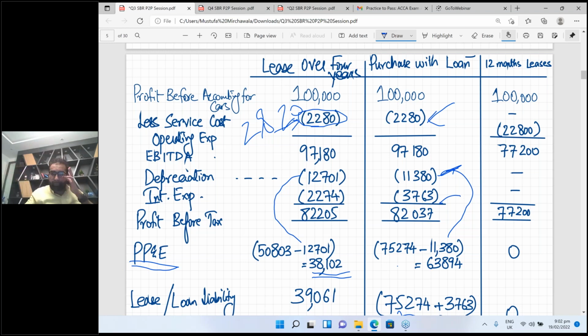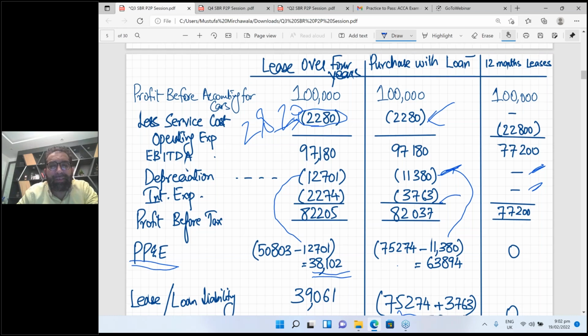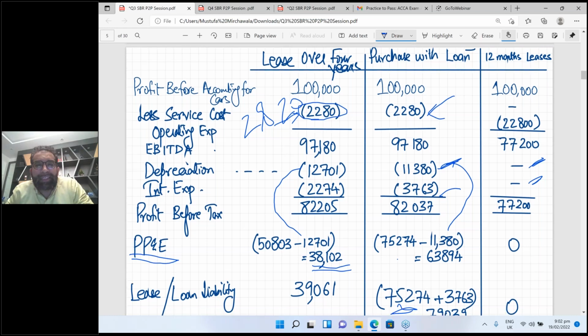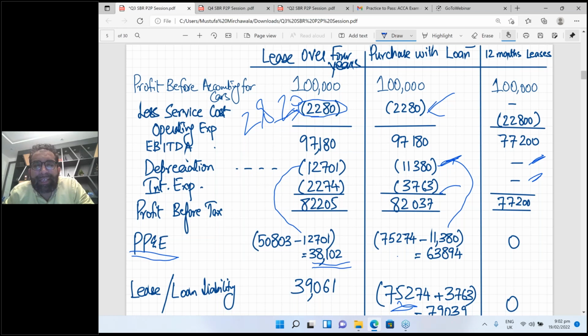Now see, in this case there is no depreciation, there is no interest, so your profit before tax will be 77,200. And now see the SOFP. Nothing will go in SOFP, because in this case you did not recognize any non-current asset at the beginning, no ROU and no lease obligation, so liability and everything will go 0.